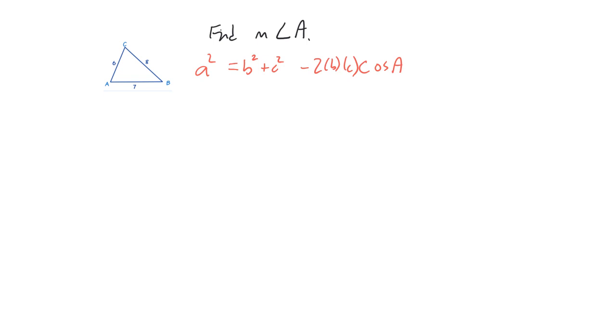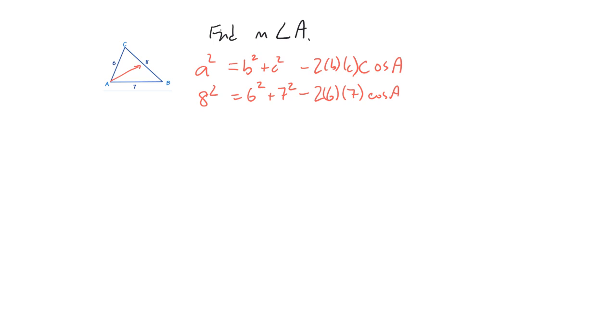And in this case, remember, our angle and our side are across from each other. So 8 is your A. So 8 squared equals 6 squared plus 7 squared minus 2 times 6 times 7 times the cosine of A. When you are using the law of cosines to solve for an angle, and you're going to have to work backwards, it's really, really important that you're careful about the order of operations.